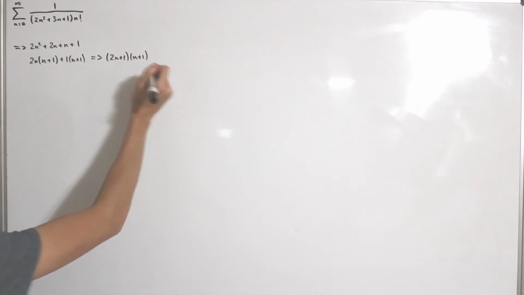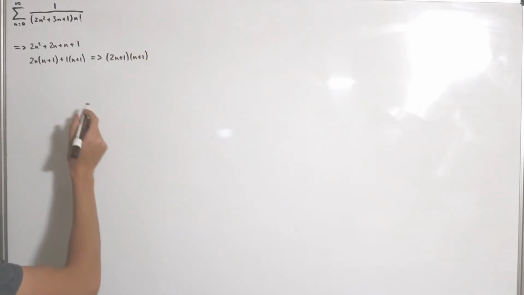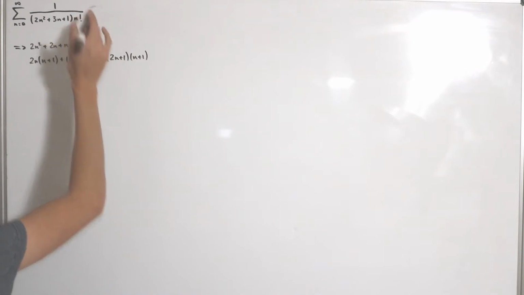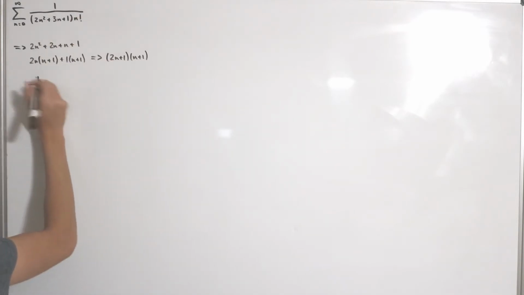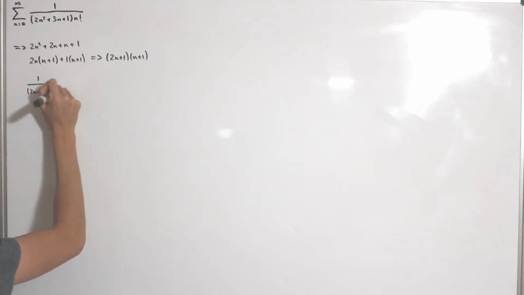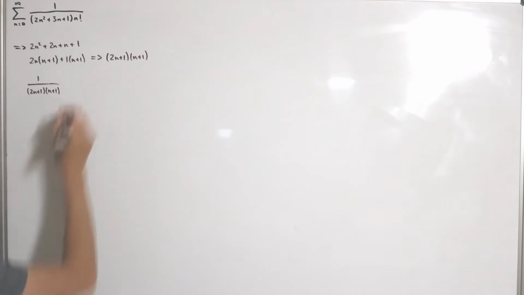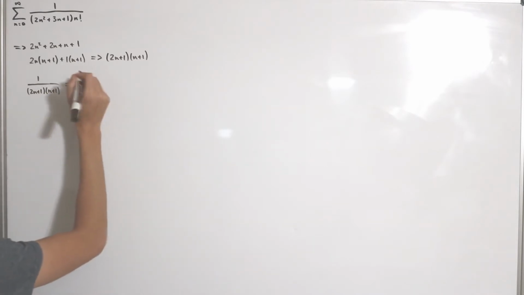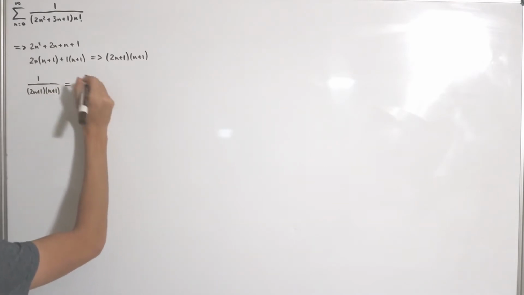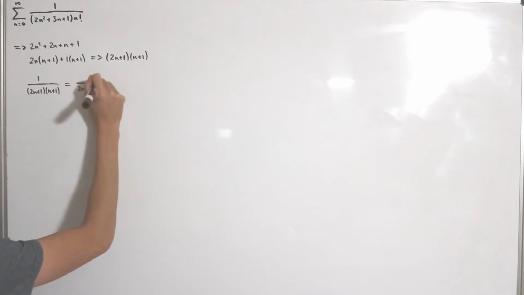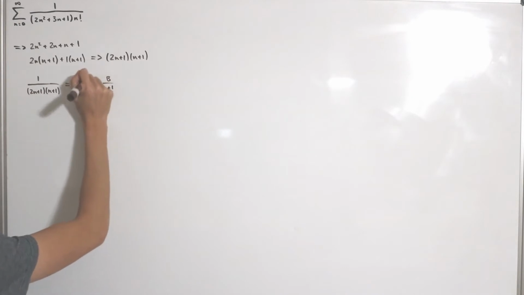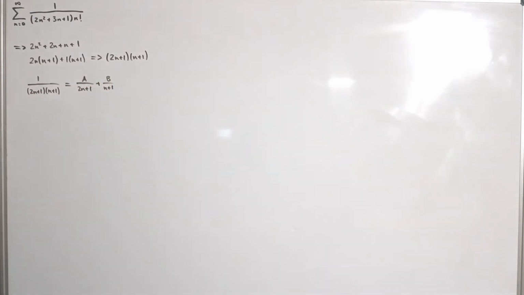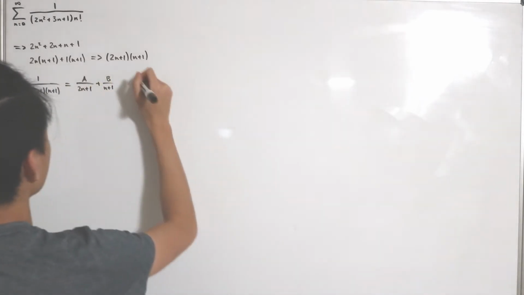Nice. Therefore, let's ignore the n factorial for a second and focus on the fraction itself, which is 1 over (2n plus 1)(n plus 1). Let's decompose this to get partial fractions. So this is A over 2n plus 1 plus B over n plus 1, and then we have to solve for our coefficients A and B. Just use the butterfly method.